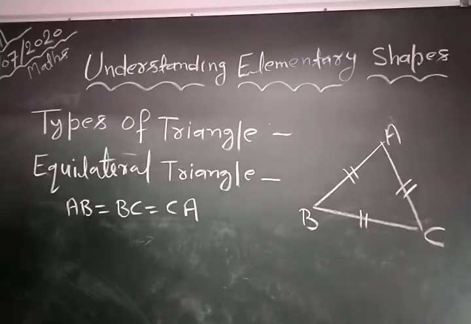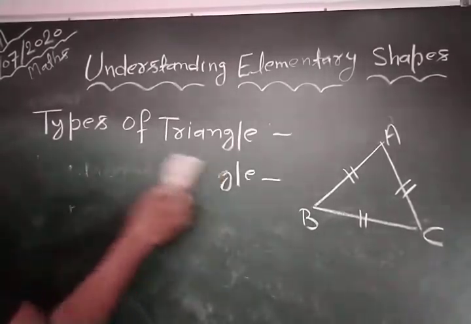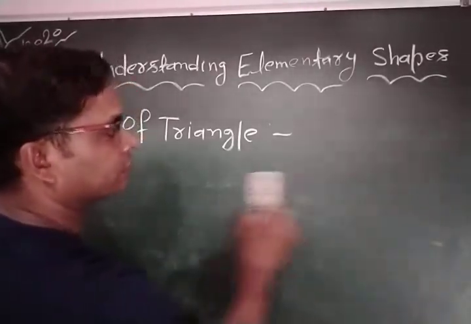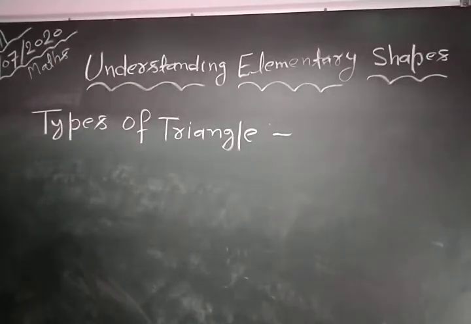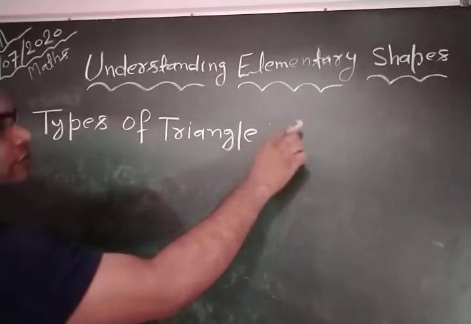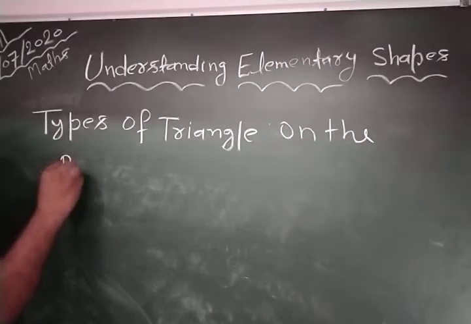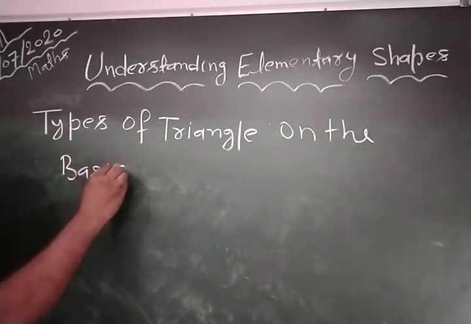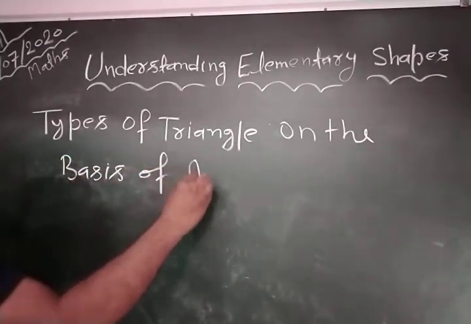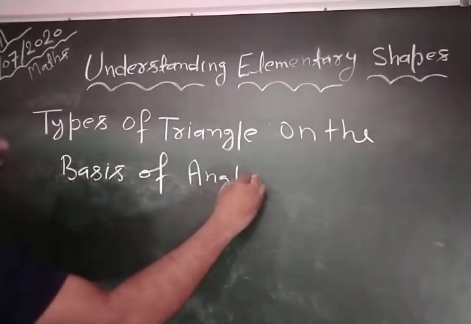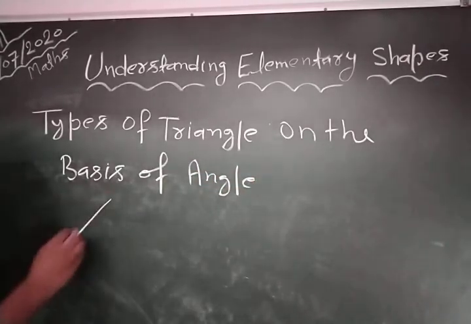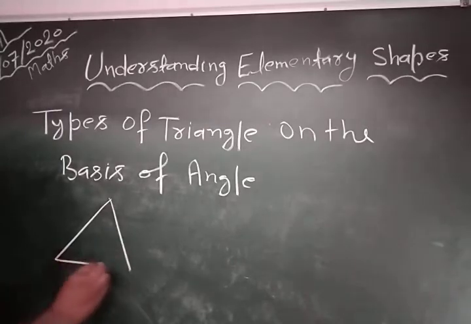Now we are going to discuss the types of triangle on the basis of angles. First, acute angle triangle.